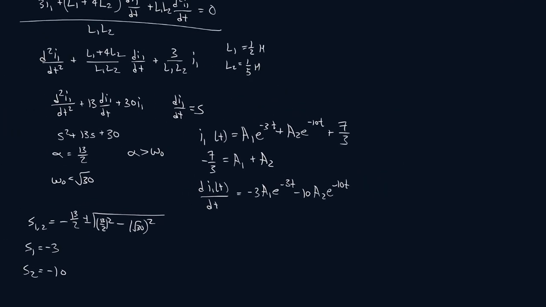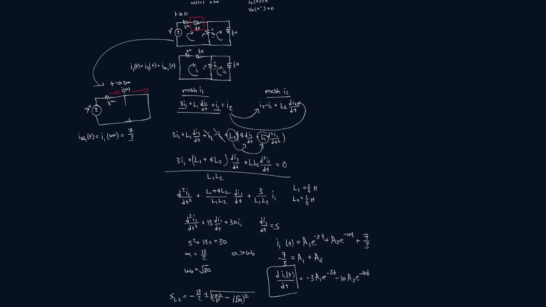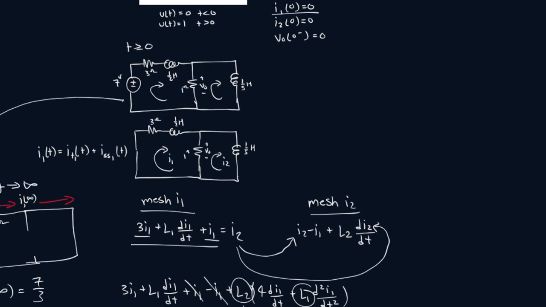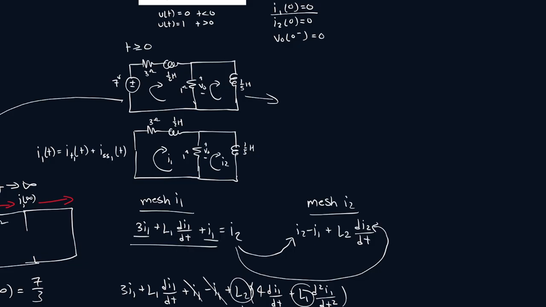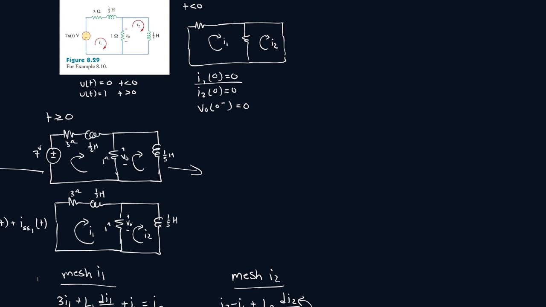Now for di1 over dt, what we're going to do is take this circuit's mesh. Don't take just this circuit's mesh, because we have to take into account the voltage source. That's a mistake a lot of people make, taking the mesh of this circuit to find di over dt.